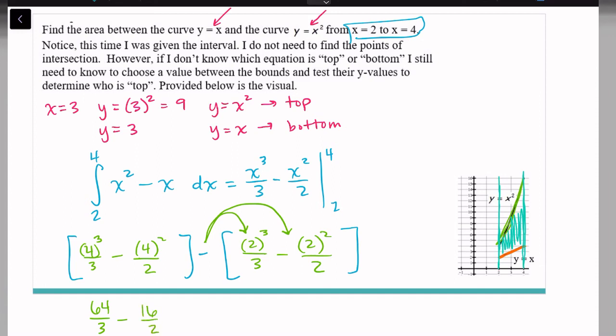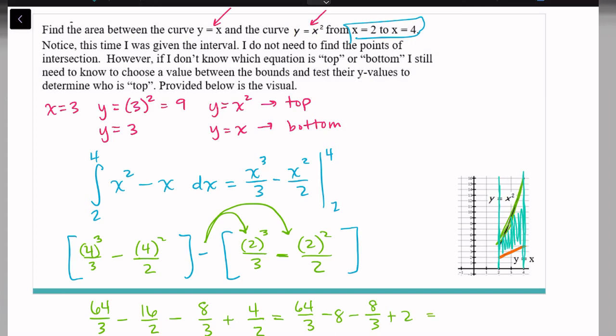Don't forget to distribute that negative across those parentheses. So we're going to get 8 over 3, and then this minus is going to become a plus, and 2 squared is going to be 4 over 2, which is really just 2. 16 over 2 is going to be 8. We know that. Minus 8 over 3 plus 2.